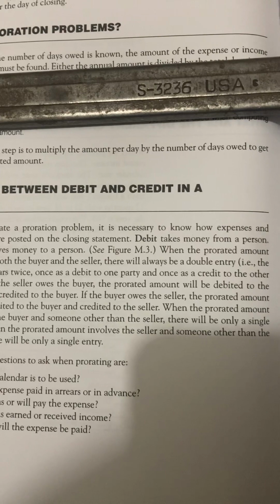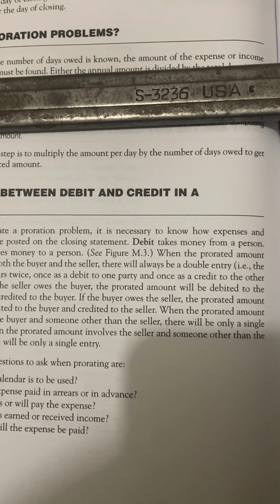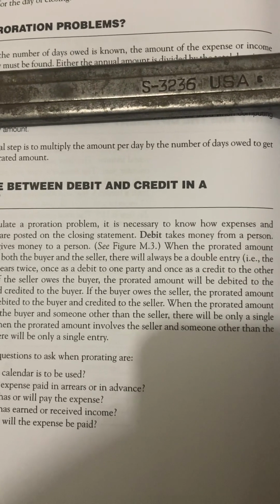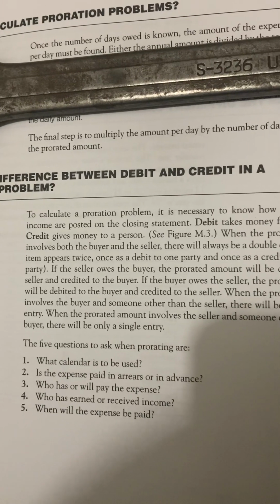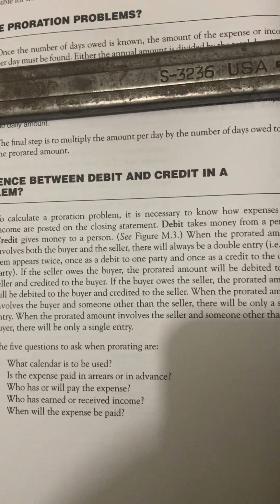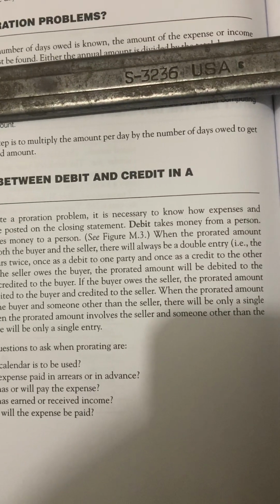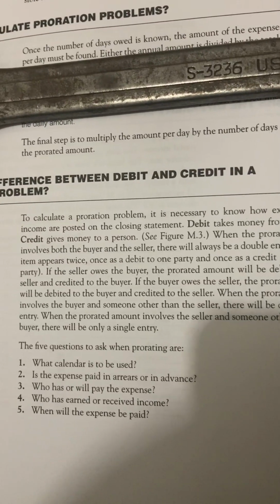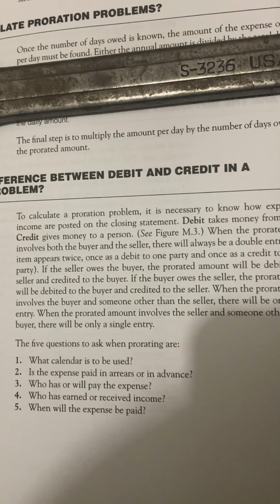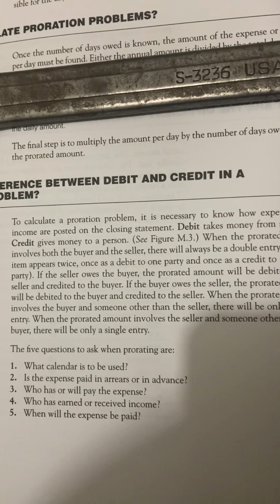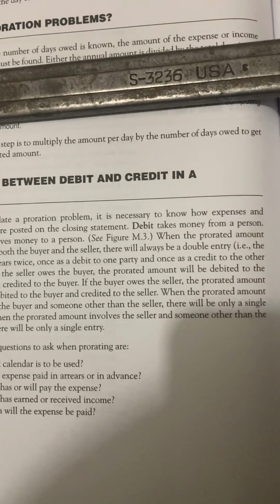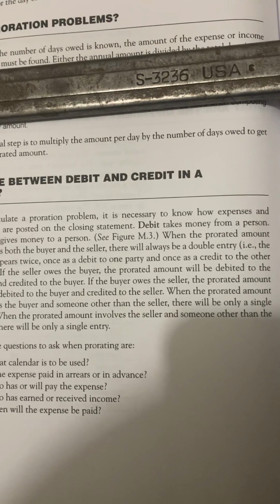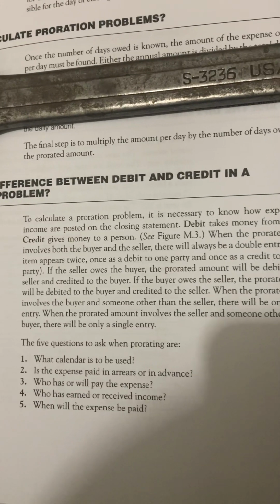See figure M.3. When the prorated amount involves both the buyer and the seller, there will always be a double entry. For instance, the item appears twice, once as a debit to one party and once as a credit to the other party.